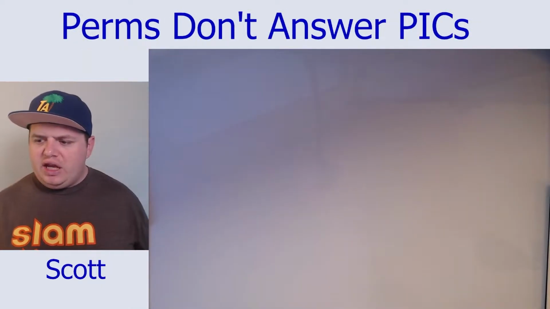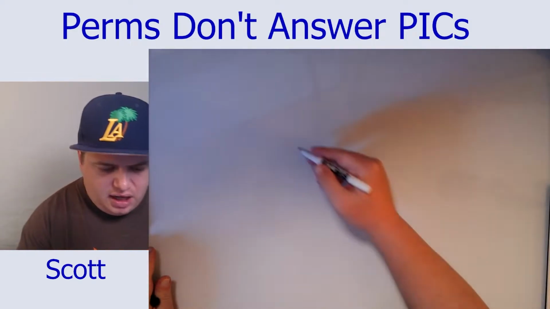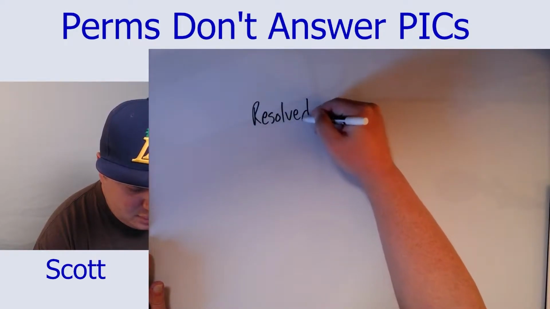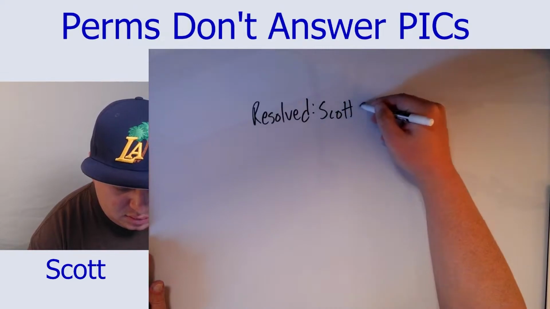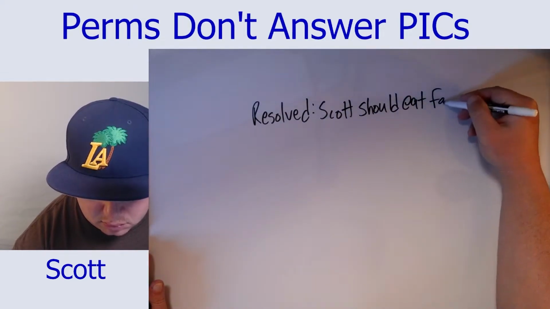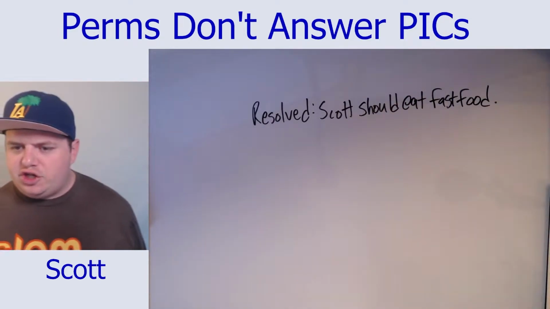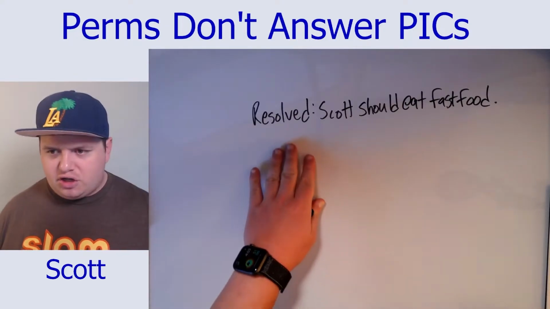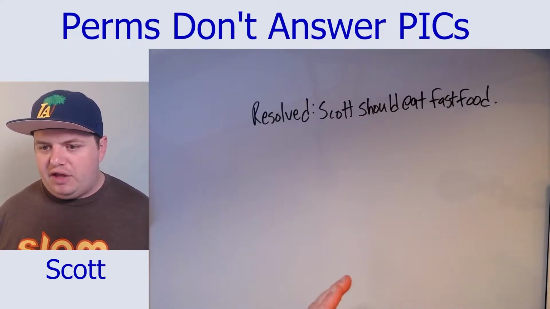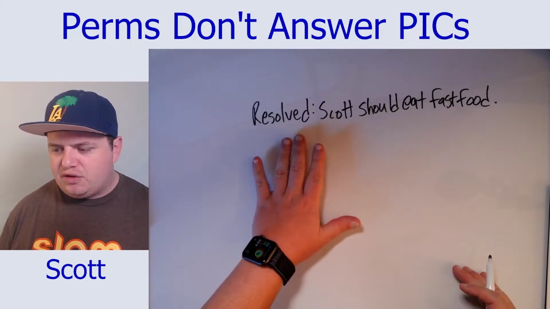So let's jump in and give an example for how this would work. If we have a topic, and that topic is: resolved, Scott should eat fast food. If that is our resolution, we could read an affirmative in this debate that's a specific defense of this resolution.